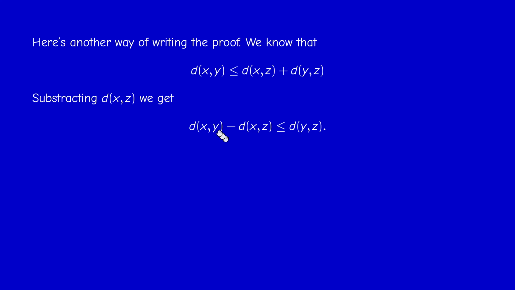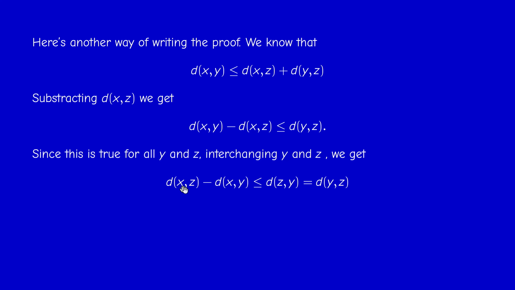So if I interchange the roles of z and y, we get d(x,z) minus d(x,y) is less than or equal to d(z,y), which is d(y,z), same thing. And this implies that the absolute value of the difference is less than or equal to d(y,z), because the absolute value of the difference is either this, if it's positive, or the opposite, which is this one, if it's negative.